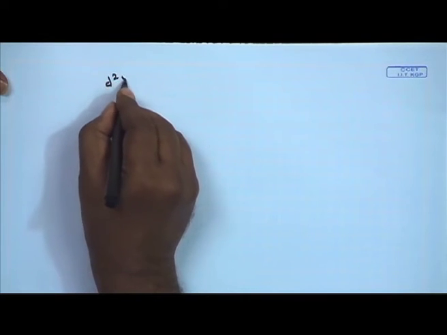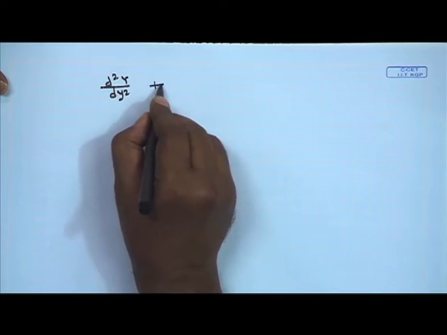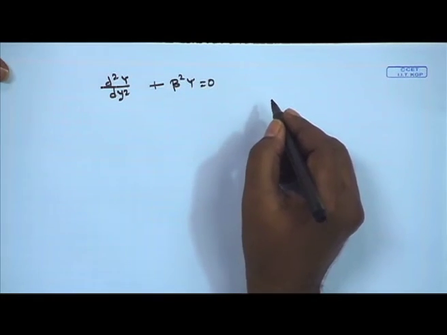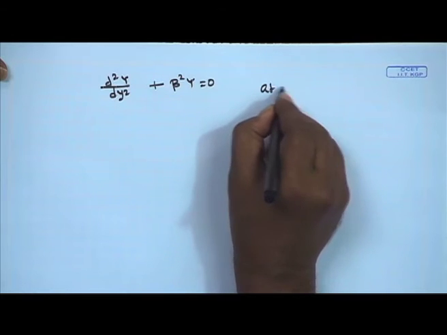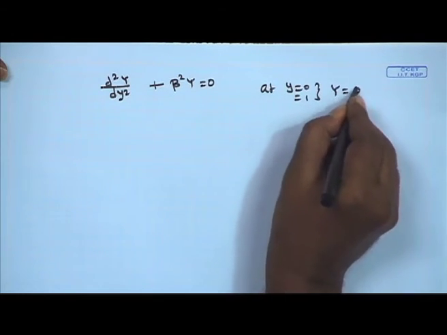It becomes d square Y dy square plus beta square Y is equal to 0, and the boundary conditions of the original problem should be satisfied by the y varying part. So, at y is equal to 0 and 1, capital Y will be equal to 0.